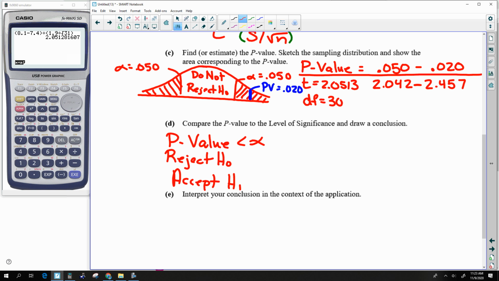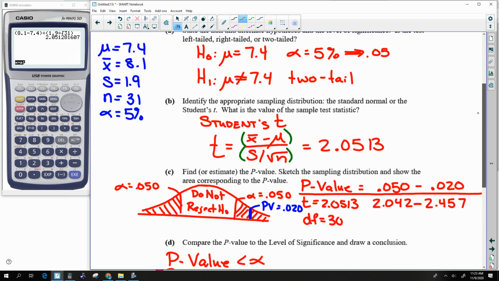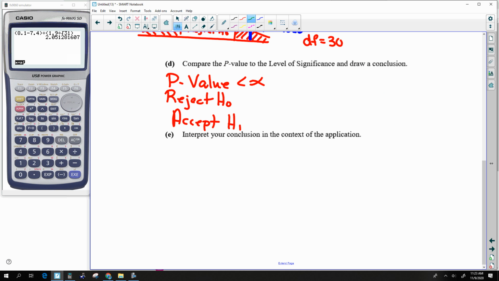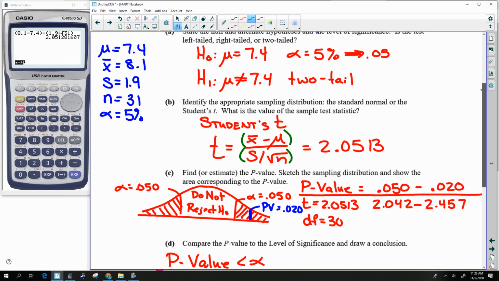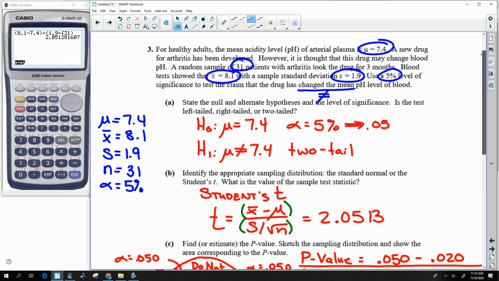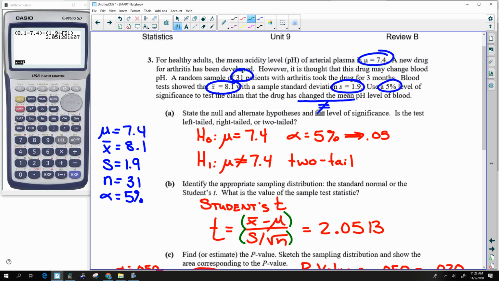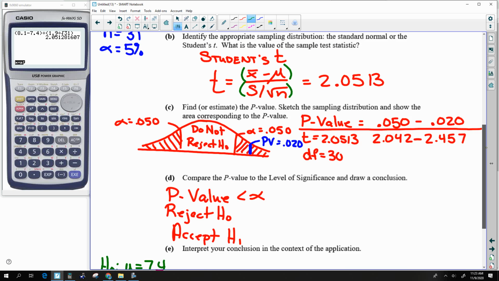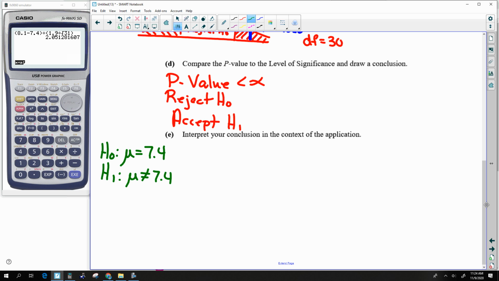All right, so what are we talking about here? 7.4 is not equal to 7.4. And what is 7.4? Let's read the question here. For healthy adults, the mean acidity level, the average acidity level.